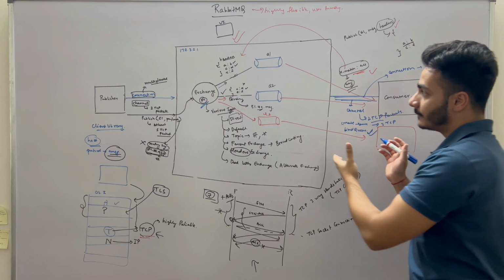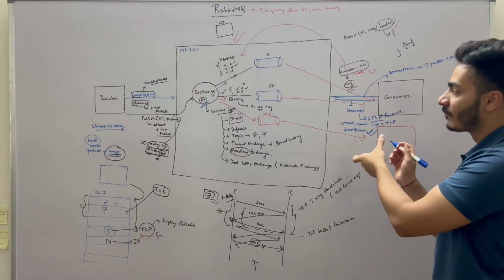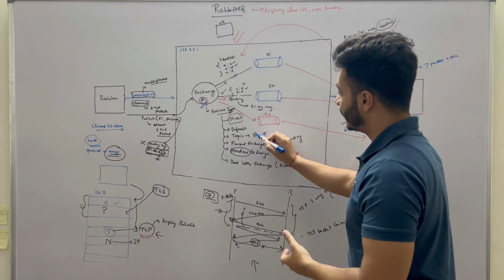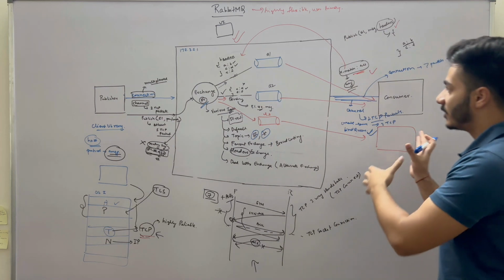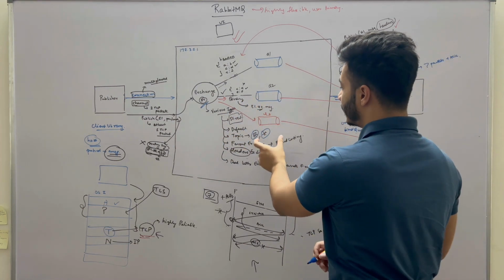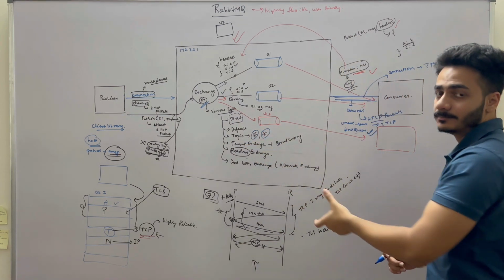So if it's a topic exchange, then you will have to specify the routing key, and you have the option to provide this or this as well, because while binding the queue you will have to specify the star or hash here.